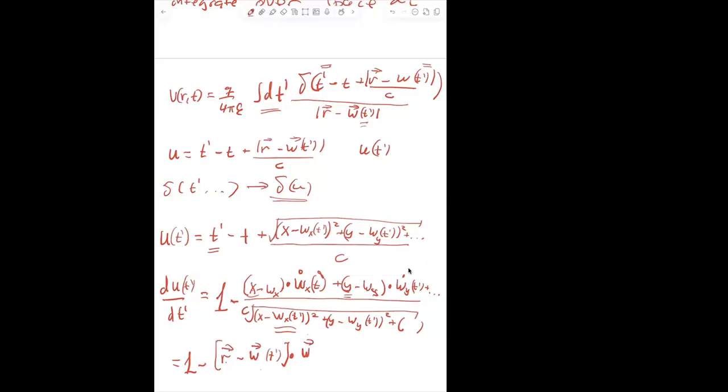Let's write it in this way, w dot. The w dot comes from this dot and this dot at time t prime, divided by r minus w t prime, all this divided by c.